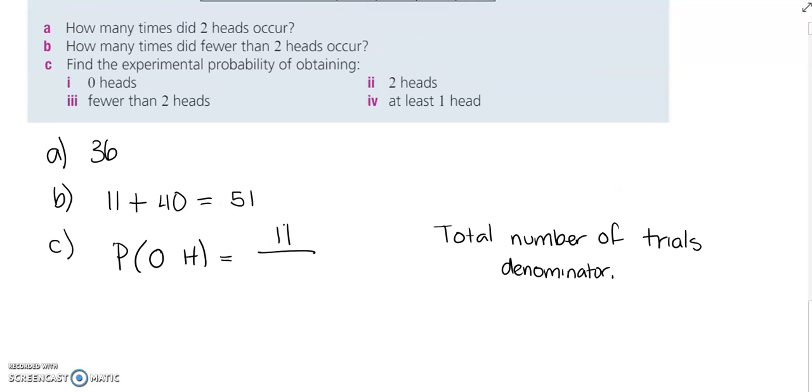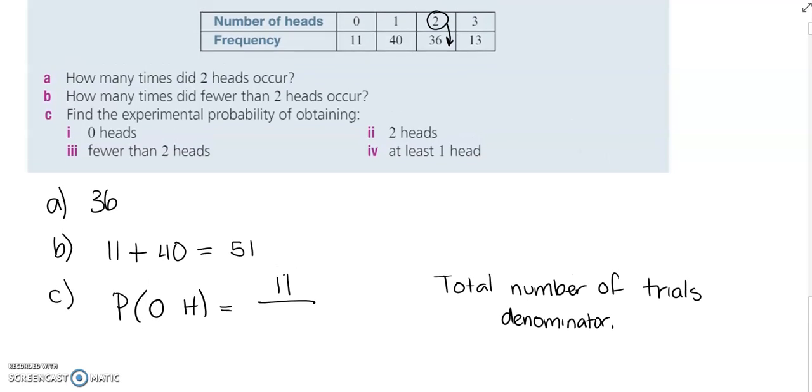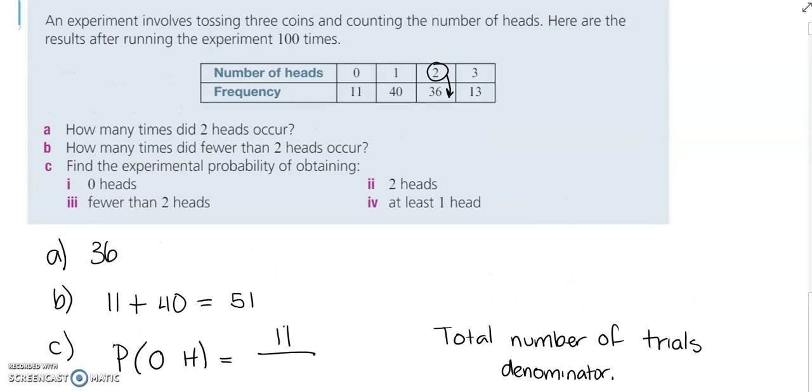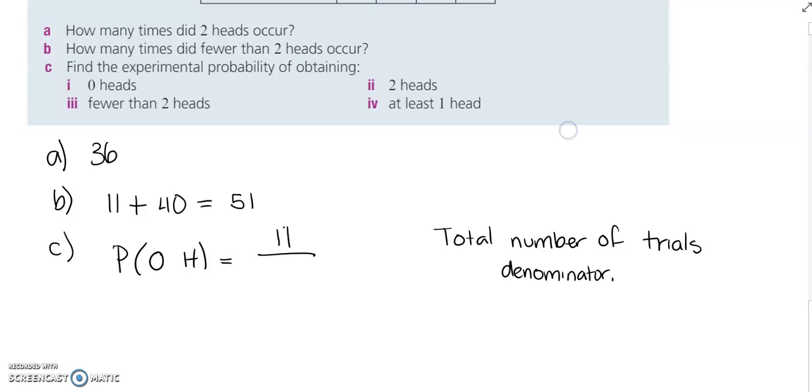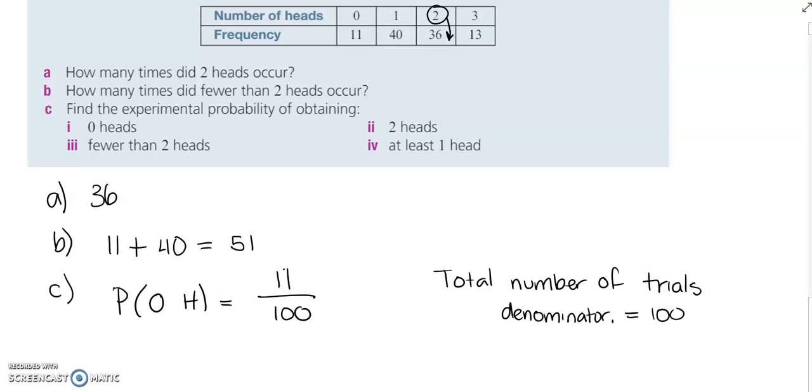We could do this one of two ways. Either I could add up the total of the frequency, or lucky for us, we've been told in this experiment that it was run 100 times. So for each of my denominators, when I'm working out the probability, I'm going to have 100. For 0 heads, the frequency is 11, so the probability of having 0 heads appear in my experiment is 11 over 100.